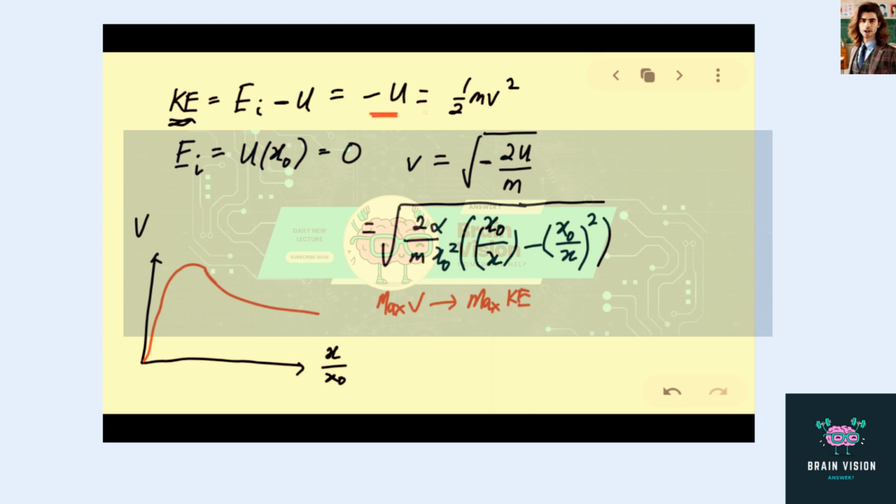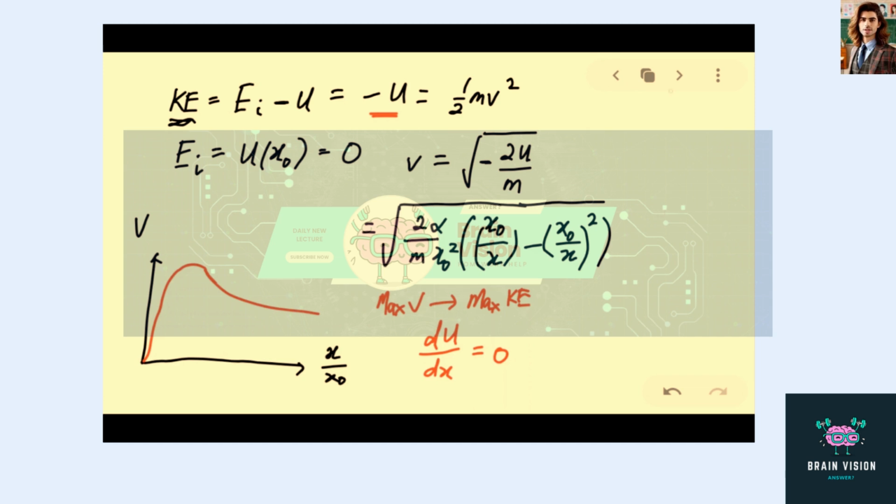And remember that our kinetic energy is negative U. So basically we just want to find where dU/dx is equal to 0, so it must be a maximum point. And this will give us the maximum kinetic energy.